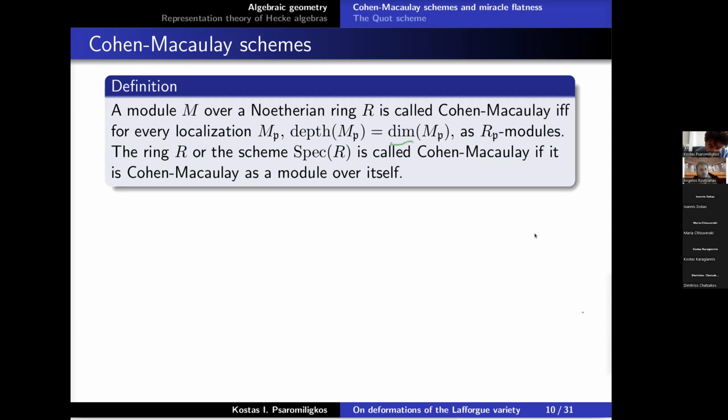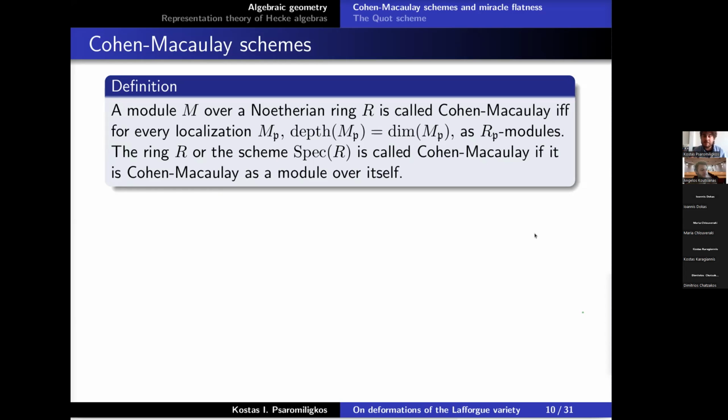Dim is the usual dimension, and the depth somehow means if you take your space and start cutting it down with equations, like you can take a three-dimensional space and cut it with an equation, a priori you're supposed to get a two-dimensional space. You repeat this procedure until you can't continue anymore, and that's your depth.